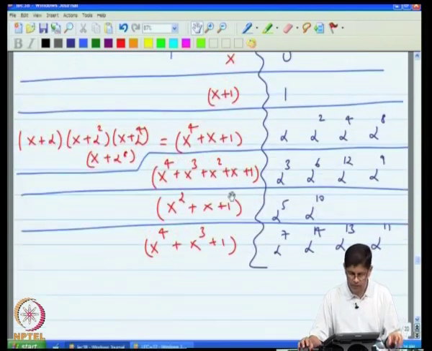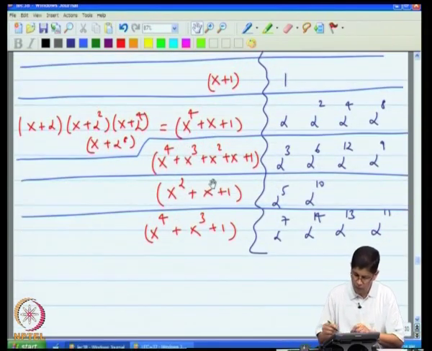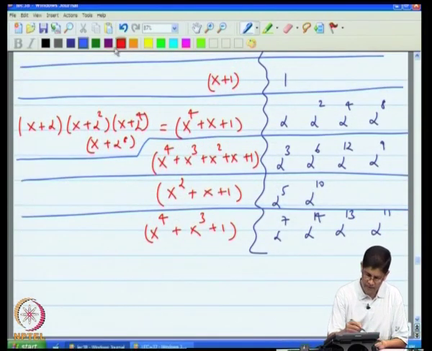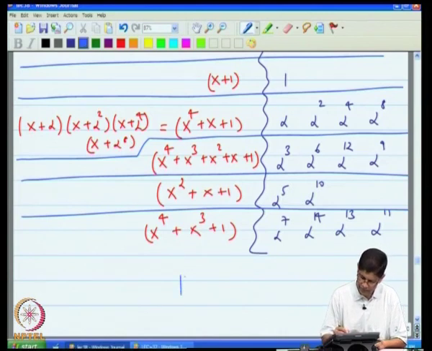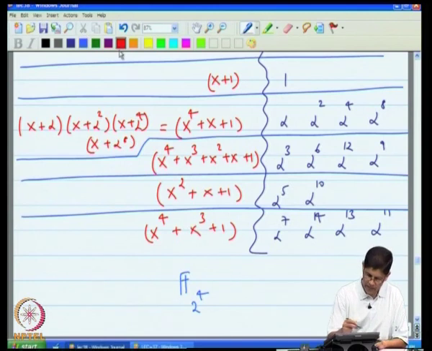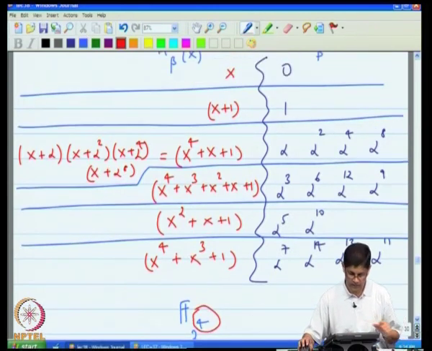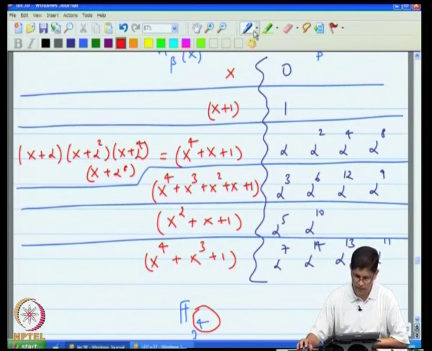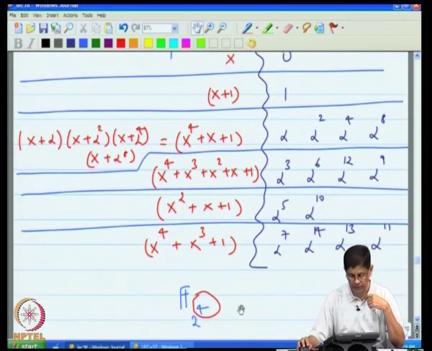So, where does 4 come into the picture? Well, 4 comes into the picture because after all you are dealing with F of 2^4, and it is this 4 that is causing these degrees to be either 4 or else, interestingly, divisors of 4, and this is always going to be the case.